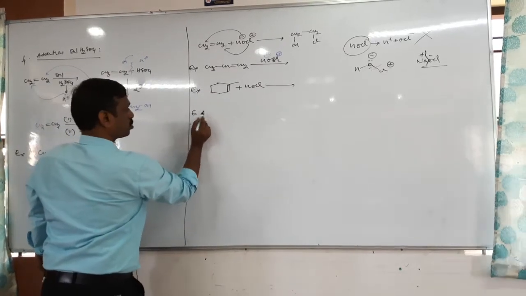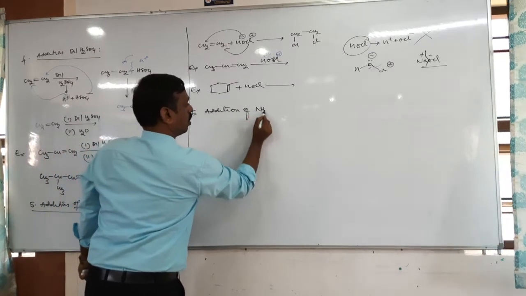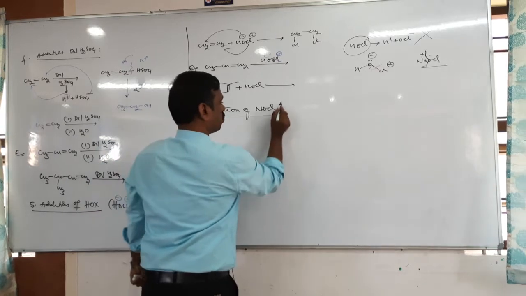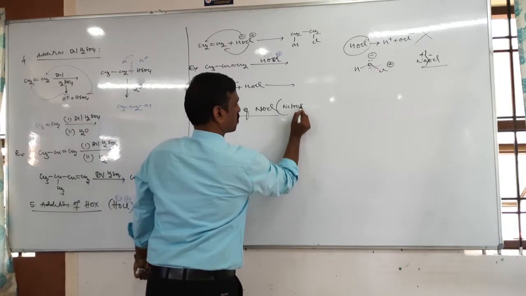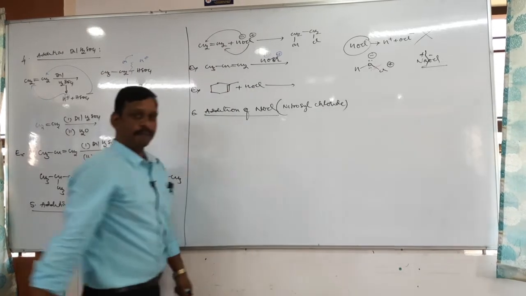Next, the sixth one, addition of NOCl. What is NOCl? Nitrosyl chloride.